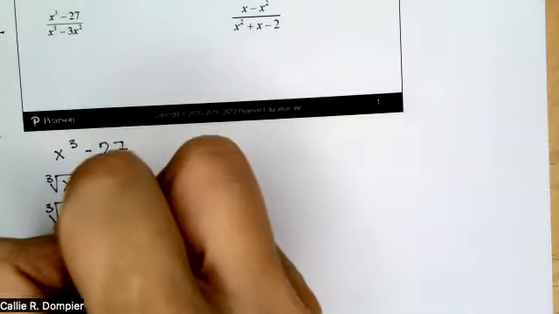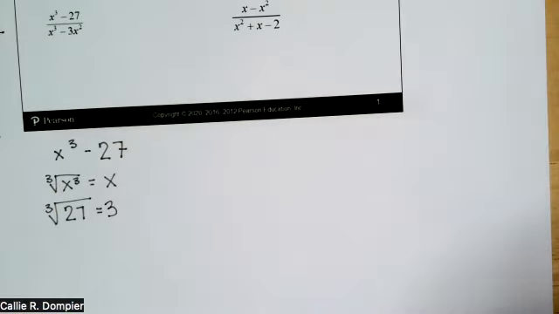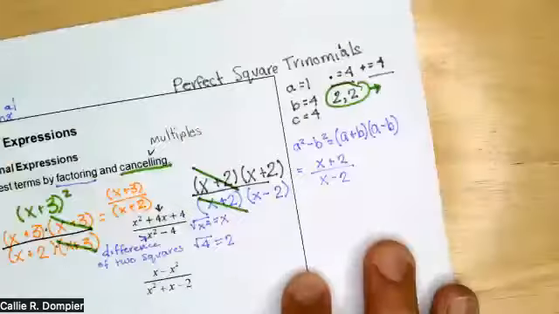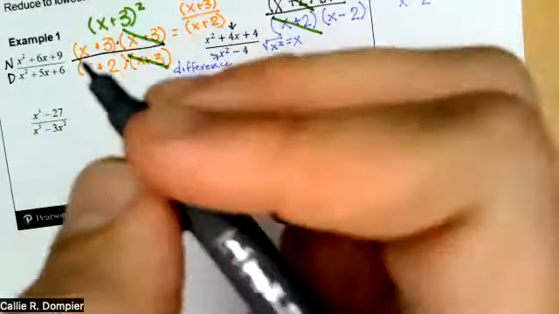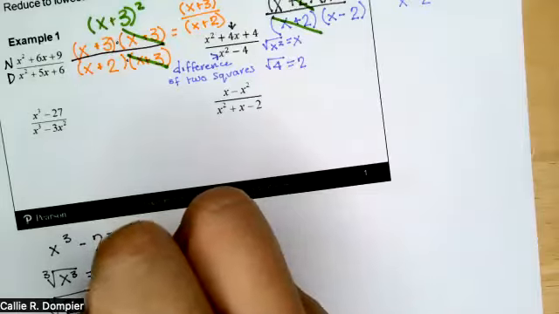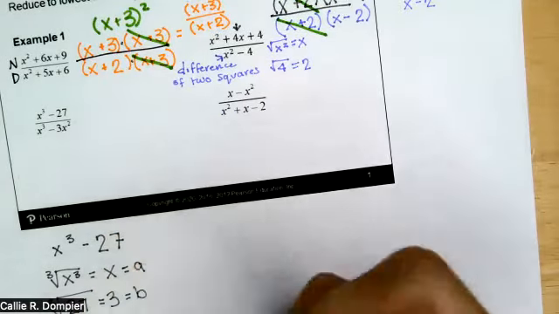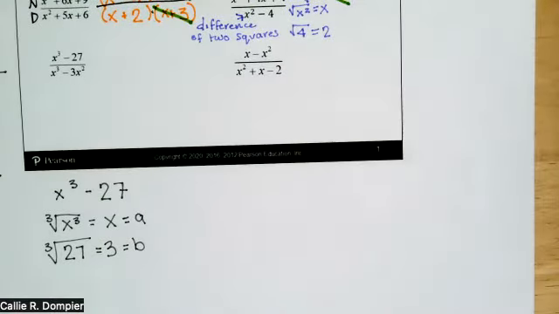There is. It is the number 3. Good. So the difference of 2 cubes, again, it would just be something that I would write in my notes, means that, so that one's A and that one's B, right? A is X, B is 3.